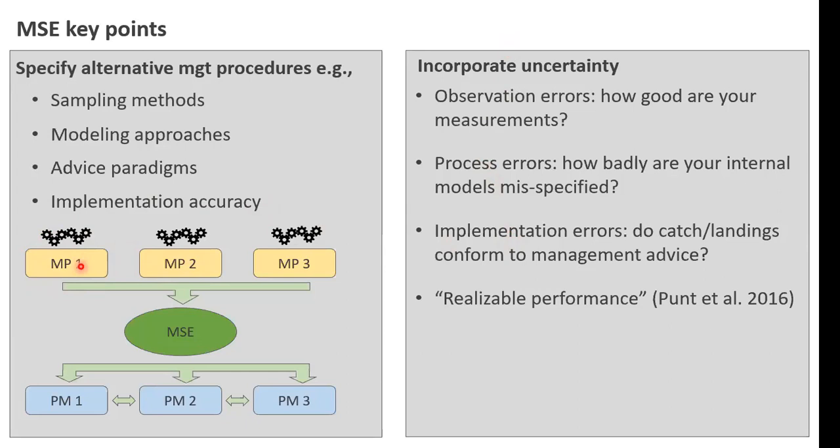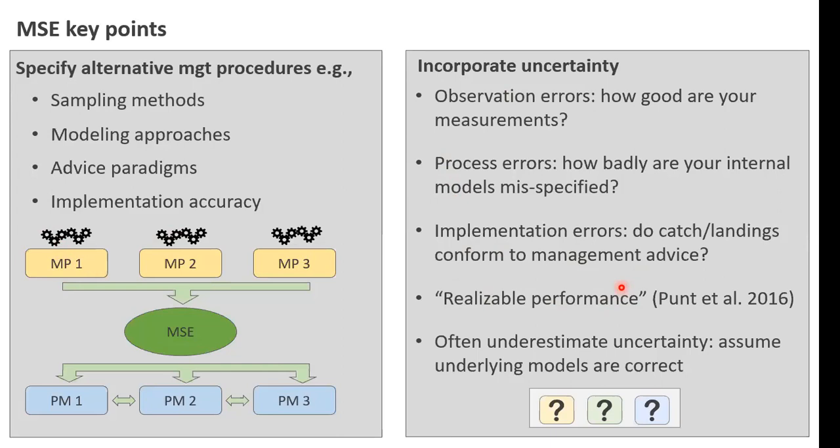But when we start including those realistic levels of uncertainty in our observations, in our processes, in our fishery implementation, it could very well be that it's now impossible to differentiate between the management procedures. So that's why it's important to include that uncertainty, because we have to think about whether we can really tell the difference in outcome between these different methods.